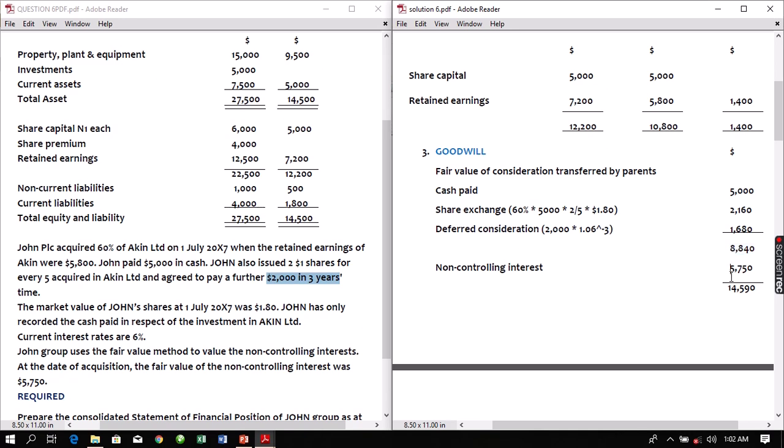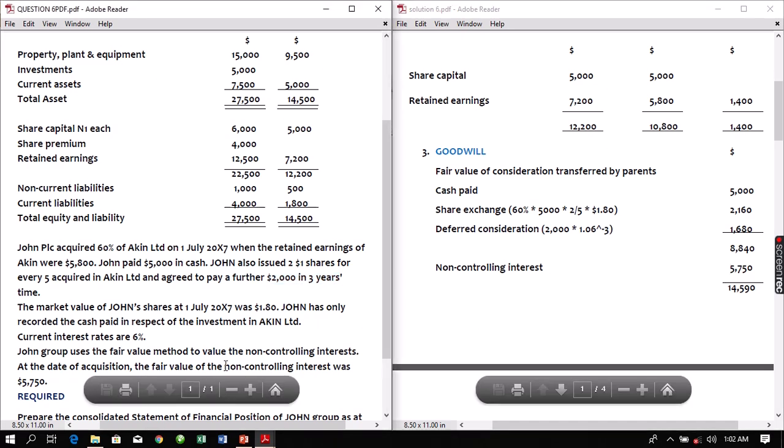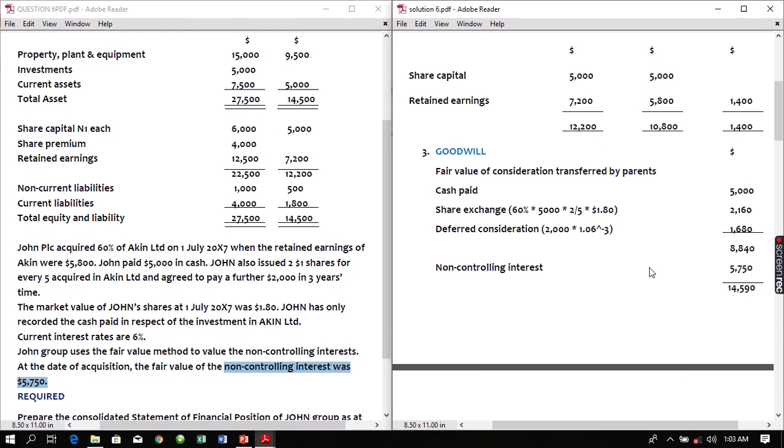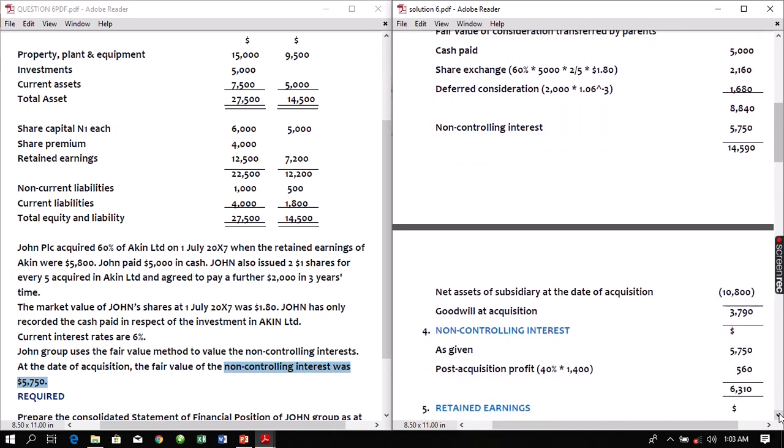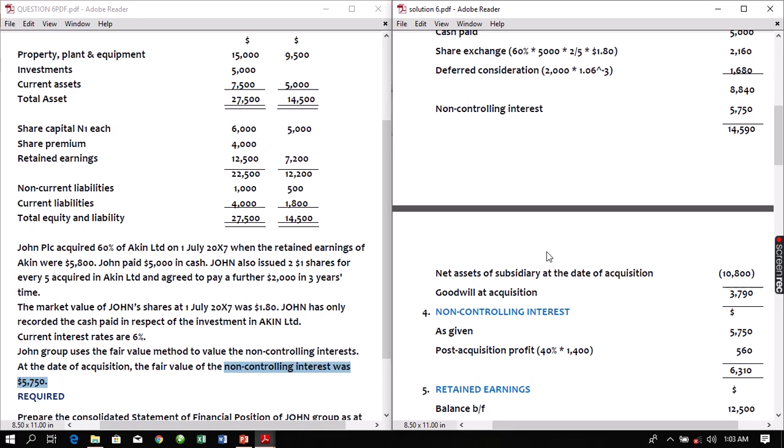And what do we do? Fair value of consideration transferred by the parent, add non-controlling interest. And non-controlling interest in this question is given to us free of charge, that our non-controlling interest is 5,750. Coming here, non-controlling interest as given in the question, 5,750. And after I've gotten that, what do I do? Don't forget, we always less the net asset of the subsidiary at the date of acquisition.